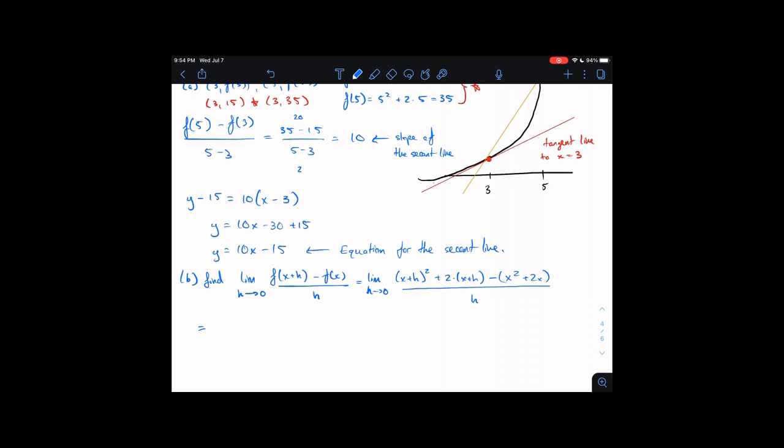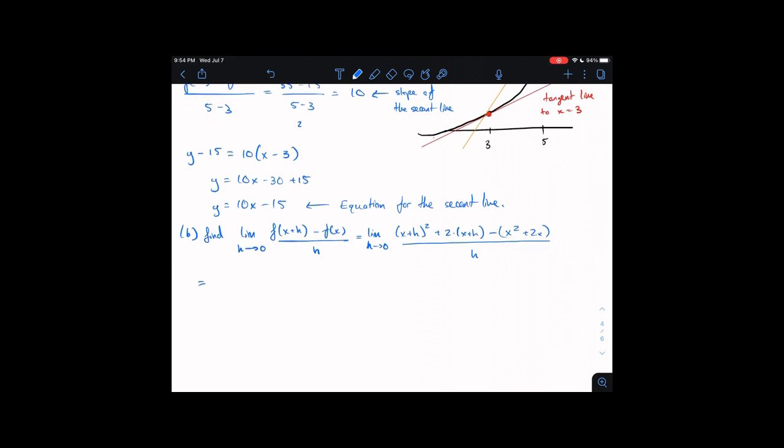Move it down here. So now we're going to FOIL stuff out and distribute a negative and simplify everything on top. So x plus h squared is x squared plus 2xh plus h squared. I do these pretty quickly. There's a formula for this if you want to remember it.